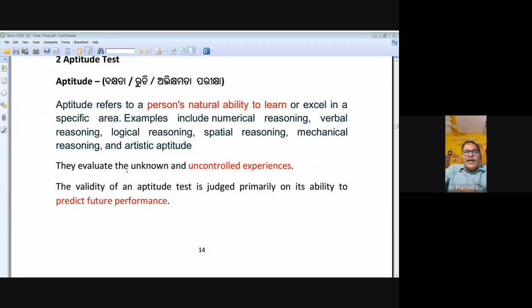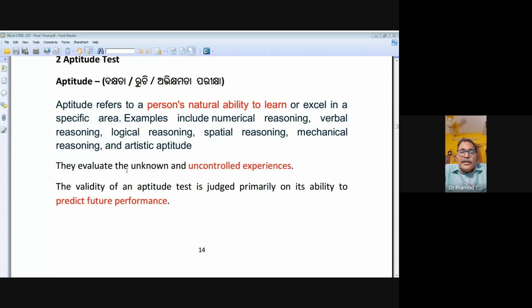Suppose you know that aptitude we can evaluate in uncontrolled experience. We can observe the dance, the music, the song, whatever it may be, in the outside, that is uncontrolled. When we are observing all these things, the teacher's responsibility is to predict the future performance.